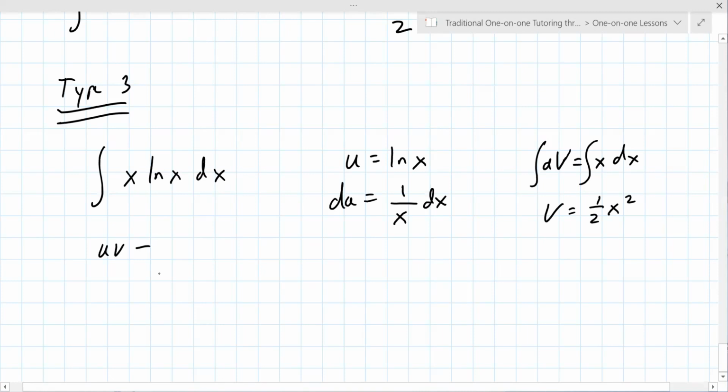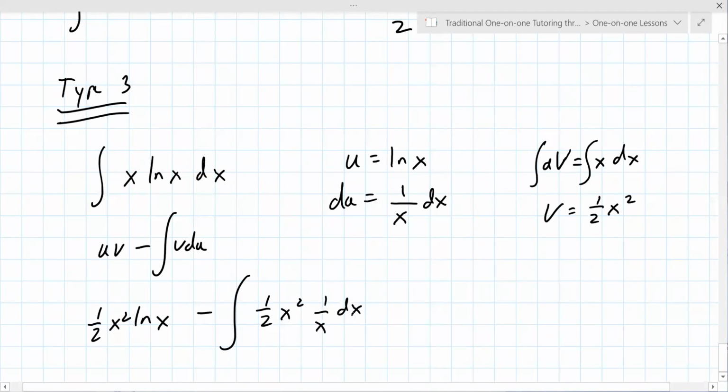So it's uv minus integral v du, like we've done over and over again. They're all the same. You have to know this really well. So you multiply u and v. That's 1/2 x squared natural log of x minus the integral. Your v is 1/2 x squared, your du is 1 over x dx.